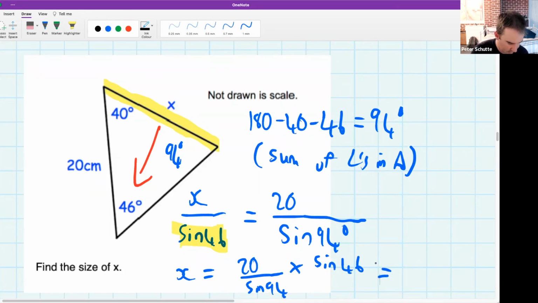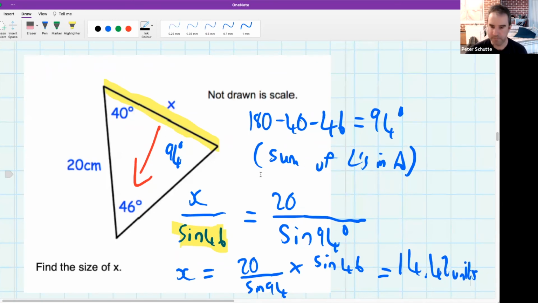The answer equals that times the sine of 46. You should get 14.42. And that is 14.42 units. Awesome.